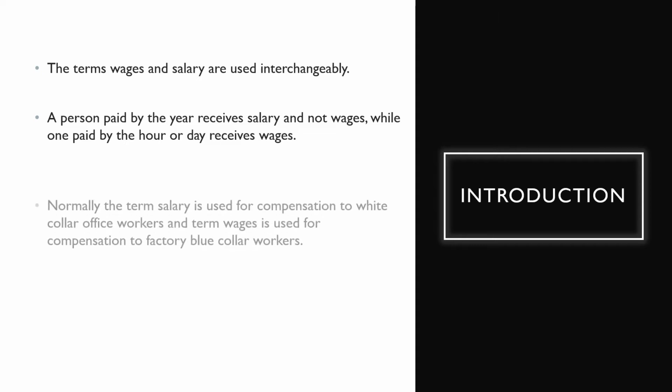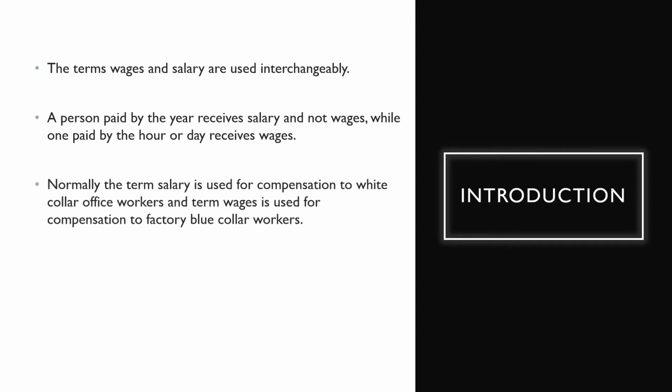And there is another aspect: we can attach these terms to blue collar workers and white collar workers. Normally we all know that white collar workers are the office-going people, and blue collar workers are the factory workers, more skill based, more physical capability based kind of workers. So we can attach these two terms to the category of workers.